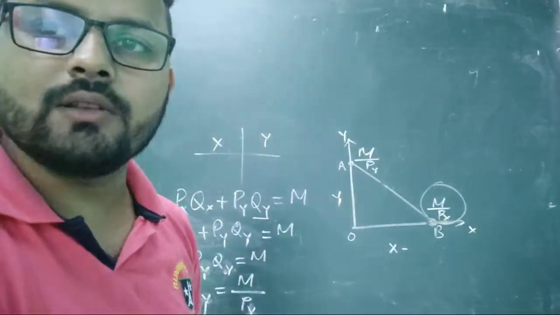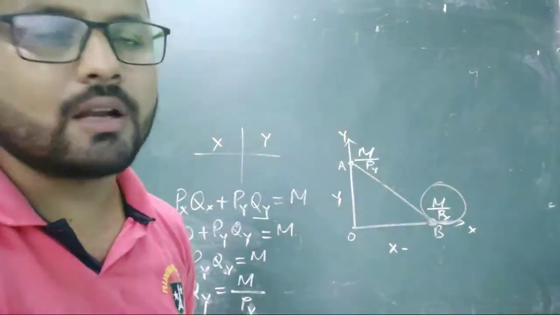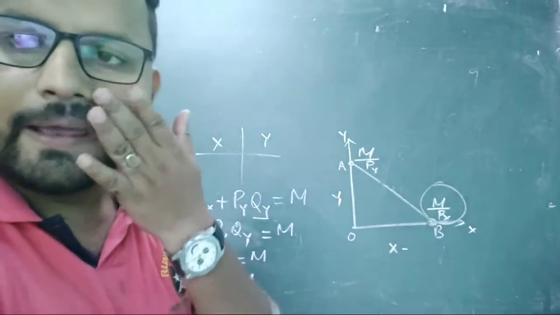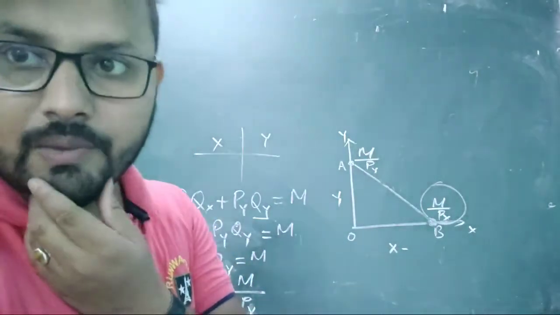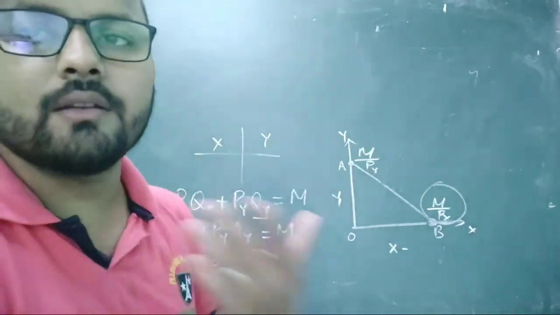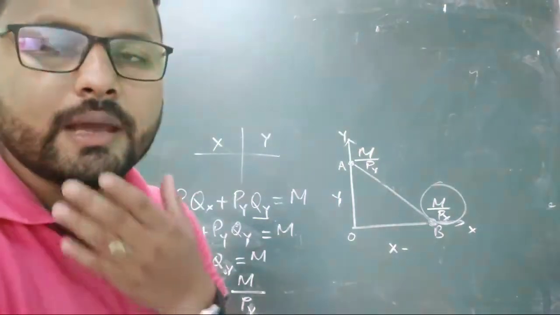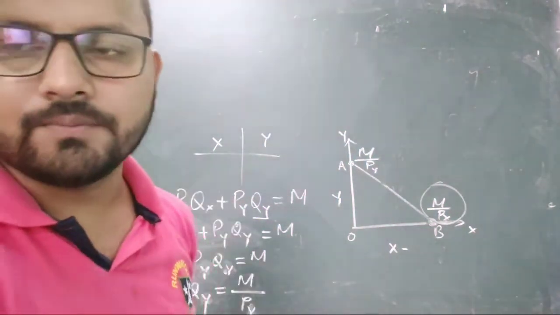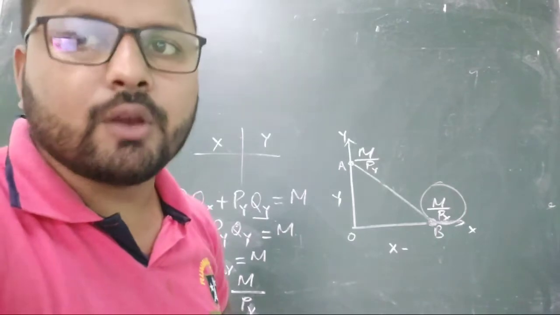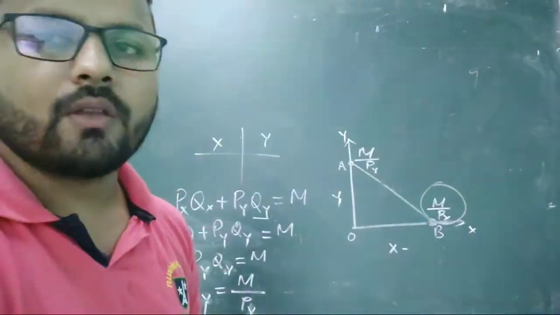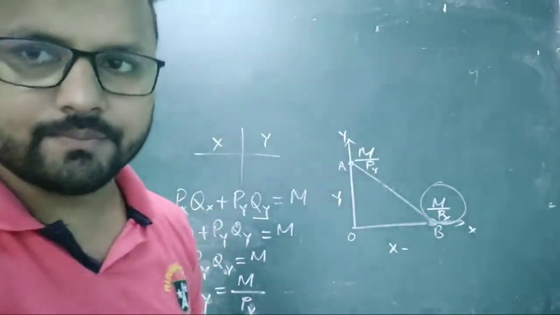Then you can find out the amount of the other commodity. And again, if you assume the other commodity as nil, then you can calculate the amount of consumption of the first one. Clear?